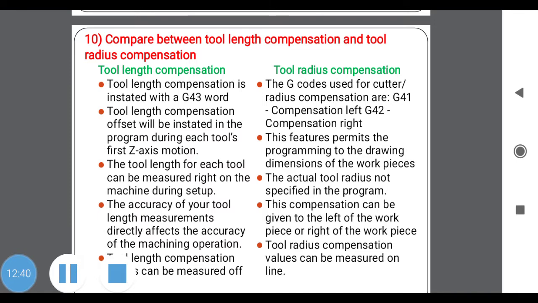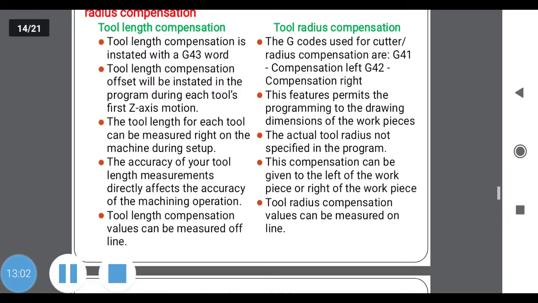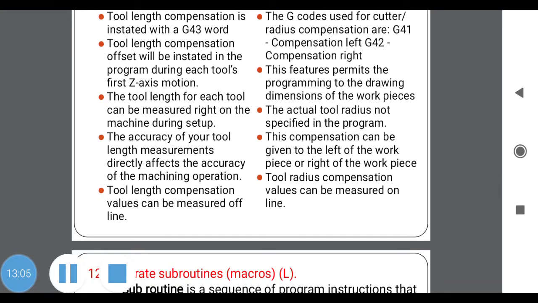Next, it can be measured right on the machine during the setup, but the actual tool radius is not specified in the program. It is only specified in the sequence of the program. The accuracy of tool length measurements directly affects the accuracy of the machining operation, but the radius does not affect the accuracy of the machining operation. Tool length compensation values can be measured offline, but the radius compensation value can be measured online, that is, offline and online.